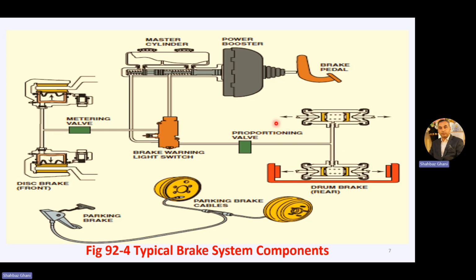Now, typical brake component system, another diagram. You have a brake pedal here and the power booster. It may be a vacuum power booster. It may be another power booster. Then you have a hydraulic master cylinder. Then you have a brake warning light switch. Then on the front side, you have a metering valve, and on the rear, you have a proportioning valve.